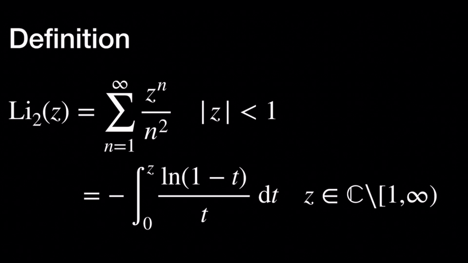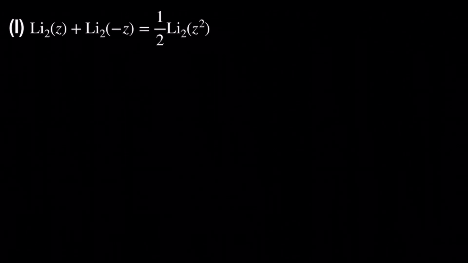As I was saying, we're going to prove some identities involving the dilogarithm function. The first identity was already proved in my previous video about polylogarithm, but I am going to give a different proof here using the second definition, the one involving the integral.